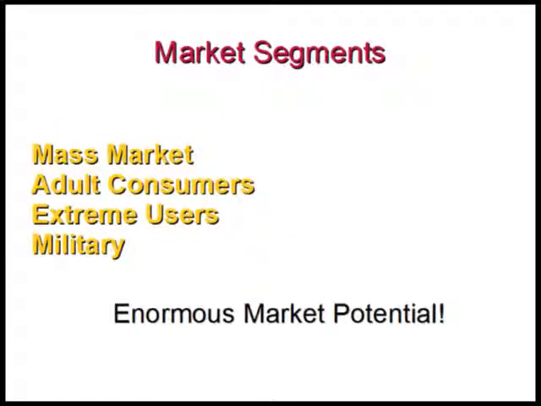Aside from looking specifically at sales channels, we narrowed our target market to a few specific customer segments. The mass market would of course encompass anyone we didn't specifically target, as well as any unforeseen customers. A focus on adults stemmed from the probability that they would have some sort of responsibility that required them to have some sort of time management tool. The other category we decided to focus on was that of extreme users and/or the military.